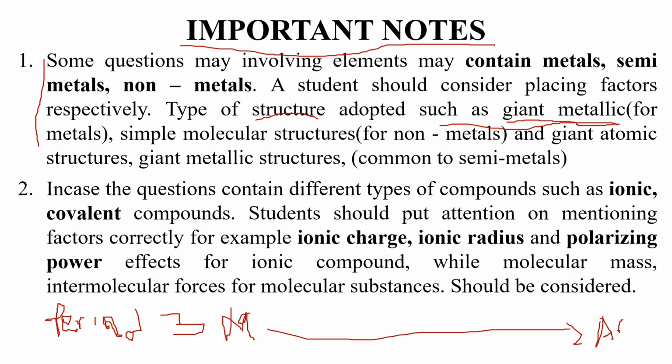Then for nonmetals, they will talk about simple molecular structures. Then when you reach silicon, those semi-metals have two types of structures: giant atomic or giant covalent structures, and also giant metallic structures, for example, group 4.